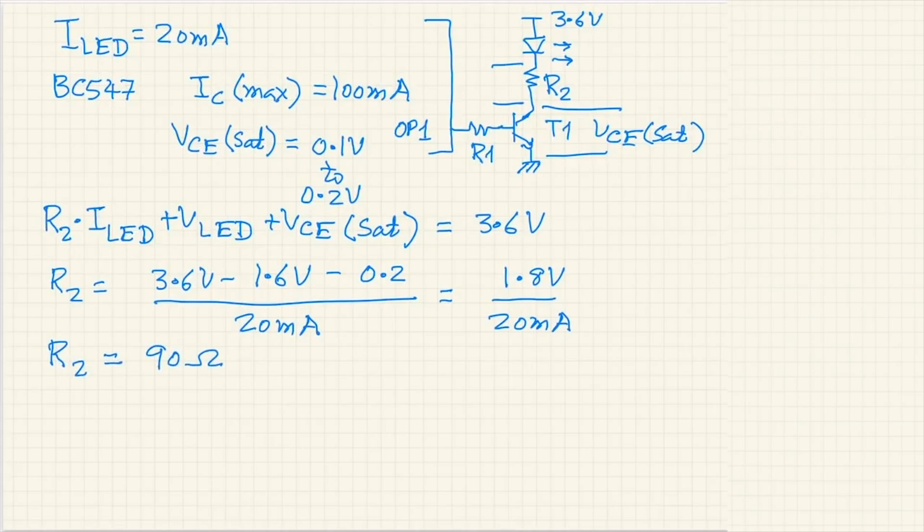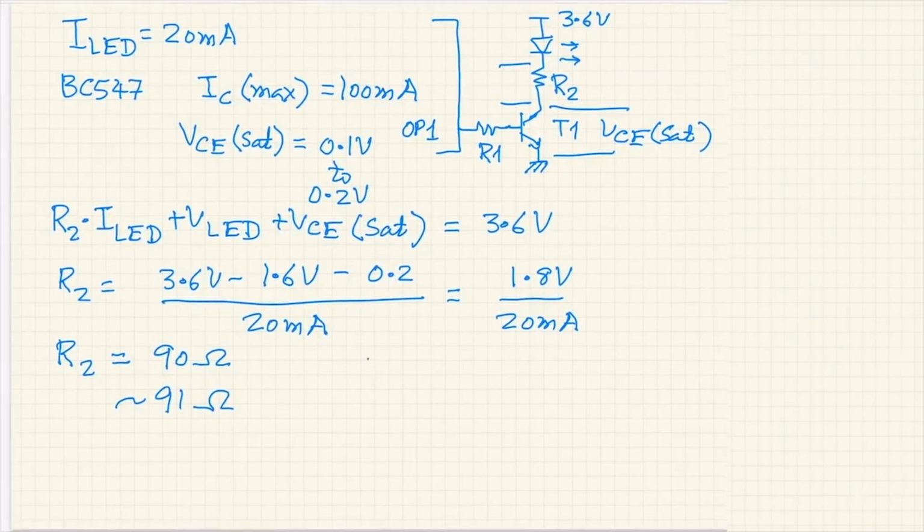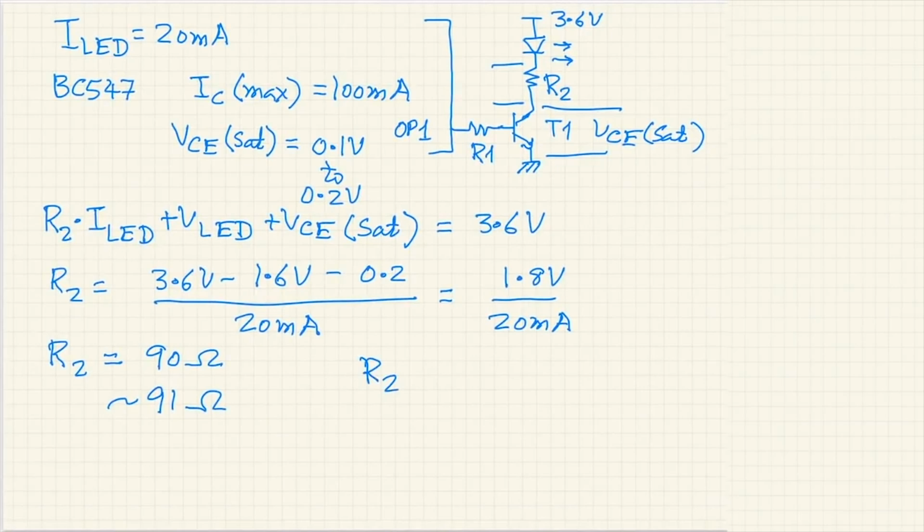Of course, 90 ohms may not be a standard resistor value, so you must choose the nearest value, which is 91 ohms, very close to what we actually need. And so R2 turns out to be 91 ohms.